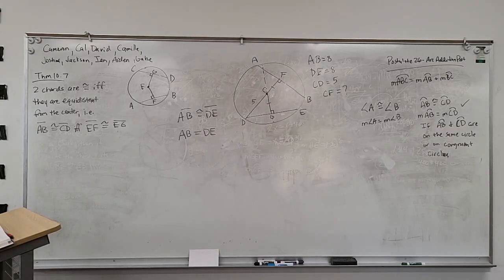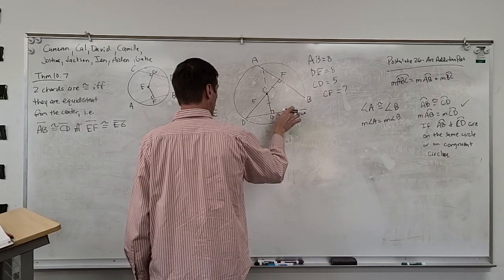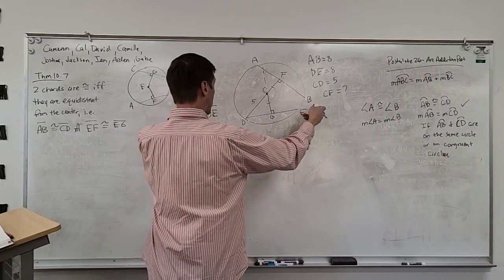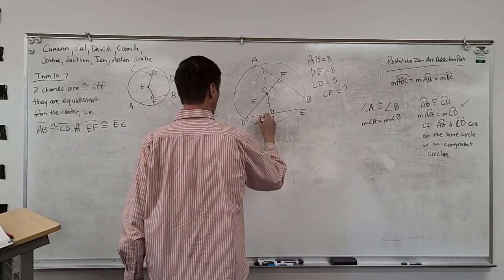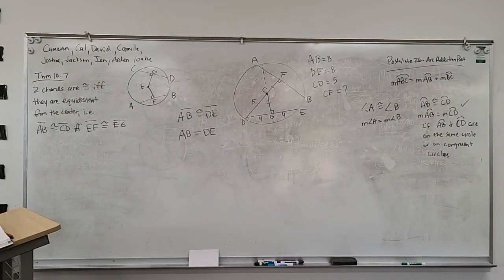And if it's bisected, then the distances DG and GE are the same. Since we know the total distance of DE to be 8, this has to be 4, and this has to be 4. Does that make sense to everybody? And so now, someone said, was that you, Jackson? We have a 3, 4, 5 triangle.